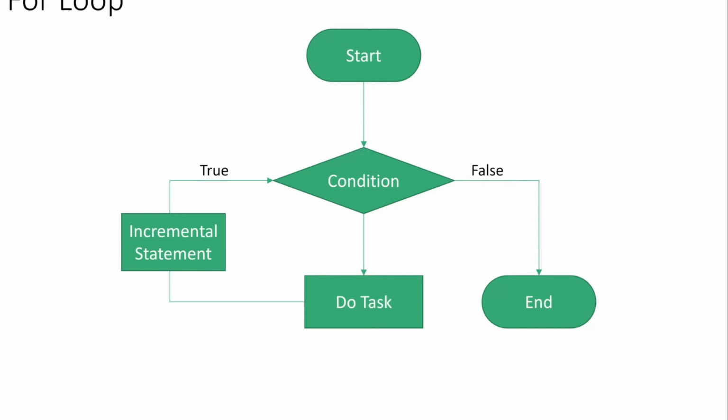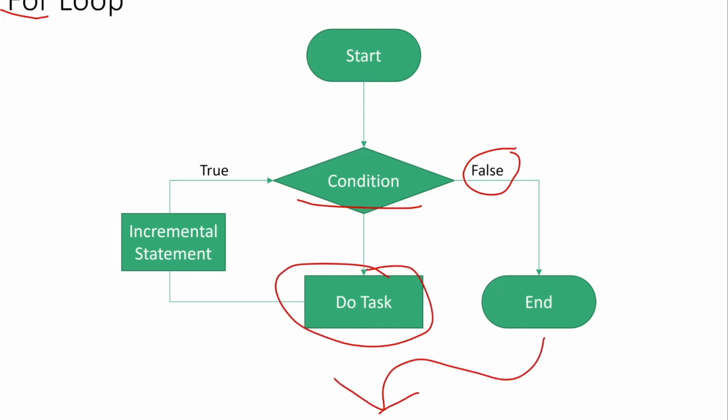Alright, let's take a look at the flow of a for loop. As you can see, it is pretty similar to the while loop, as it has a condition, and if it outputs false, it ends it, and then you also have a task. So mind you, you can do the same things with either loop.